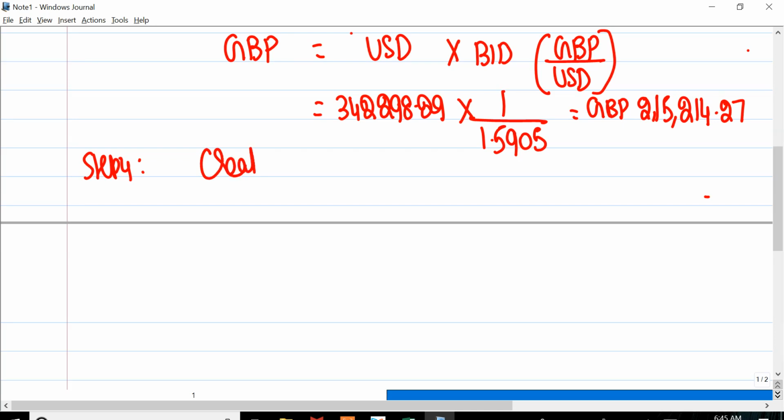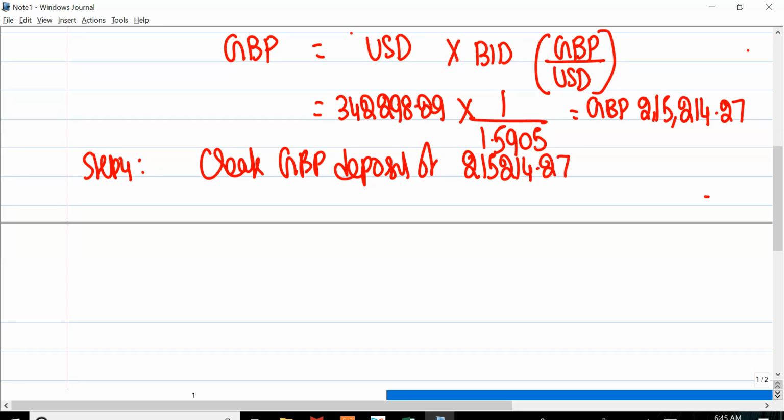Create a GBP deposit of 215,214.27 for 3 months.